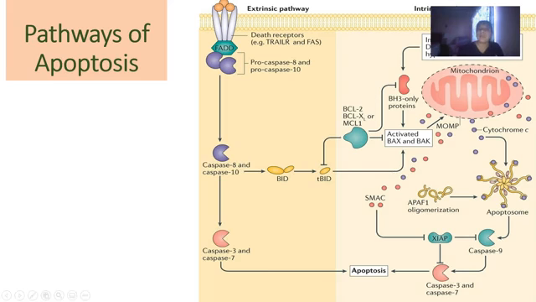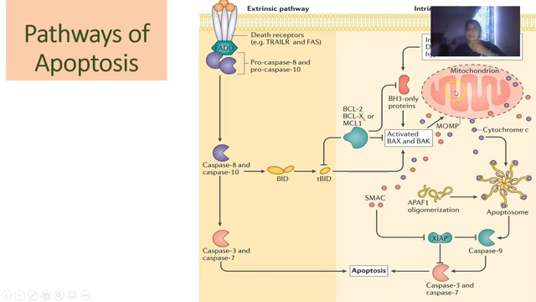And the second one is through an extrinsic pathway where there are these cell surface receptors or receptors in the membrane called death receptors. Two examples of those are TRAIL receptor and FAS that bind to an extrinsic molecule, maybe a chemotherapy molecule, maybe another molecule that triggers a cascade of reactions leading to the apoptosis.